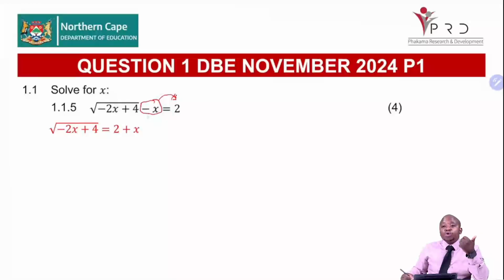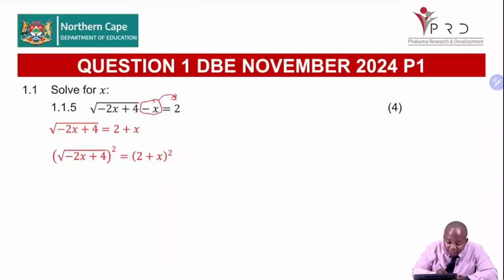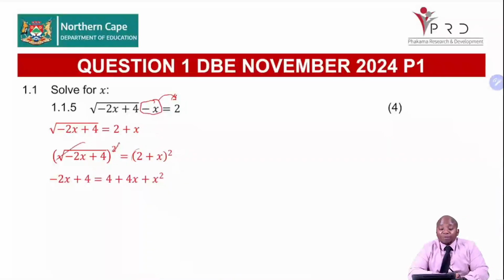After I've isolated the surd, step number 2, what am I going to do now? I am going to get rid of the surd. To get rid of the surd, I will square both sides. When I square both sides, I square all of those under the surd, and I'm going to square both 2 plus x, which gives (2 plus x) squared in that case. Then the squaring will remove the surd. In that case, I will remain with negative 2x plus 4.